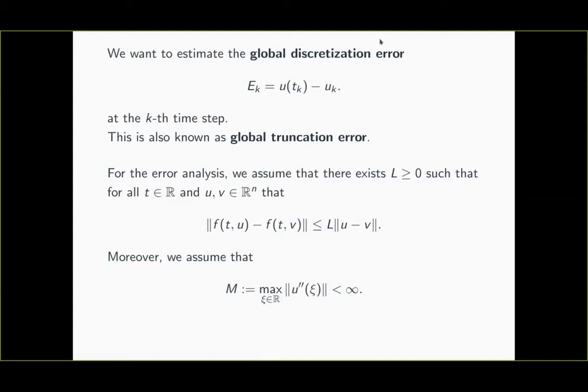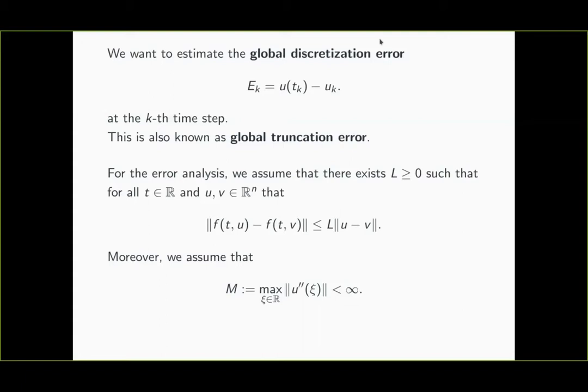We assume that there exists an L greater or equal 0, such that for all times t and all vectors u and v from R to the n, we have that the distance between f of t,u and f of t,v is bounded from above by L times the distance of u and v. More precisely, the Euclidean norm of f(t,u) minus f(t,v) is bounded from above by L times the Euclidean norm of u minus v.